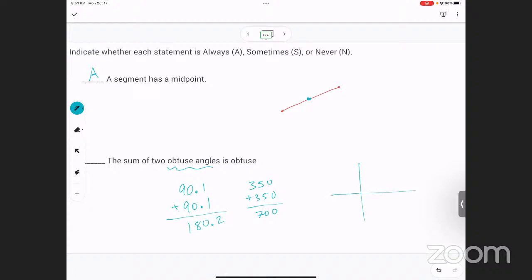Have you learned about reference angles yet? I don't even know if you have. No. So you start here on the initial side. This is called the initial side, and you go like this. So there's 350. And then if I go another 350 around from here, there's another 350, and I'm at 700, which is like here.